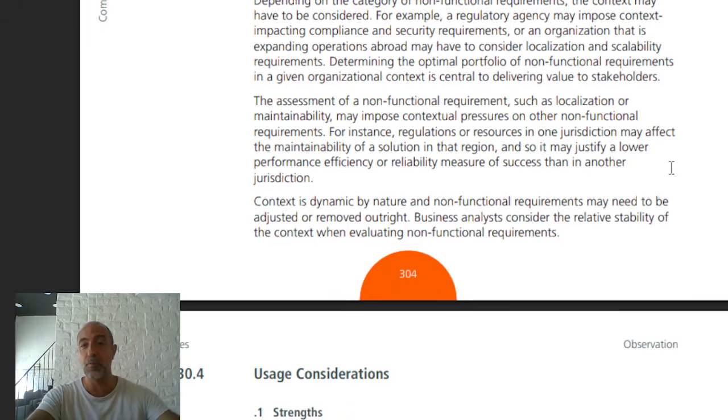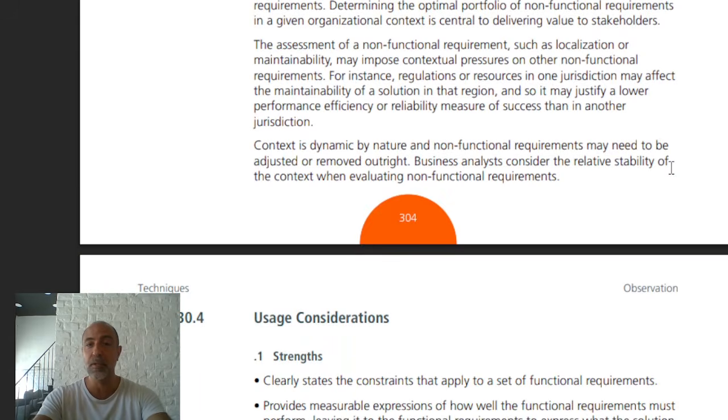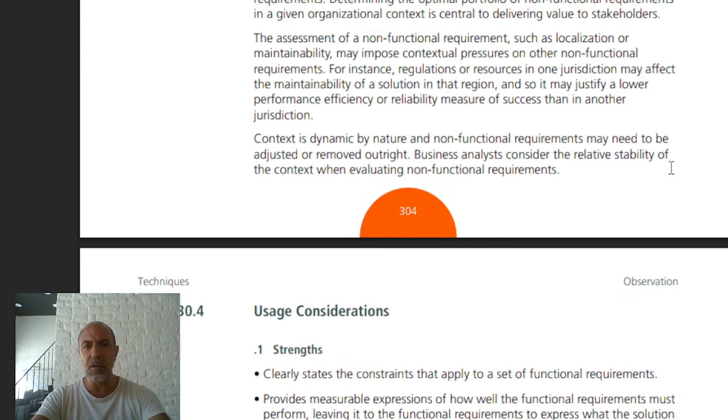Determining the optimal portfolio for non-functional requirements and their assessment in a given organization context is central to delivering value to stakeholders. The assessment of non-functional requirements such as localization or maintainability may impose contextual pressures on other functional requirements. For instance, regulations or resources in one jurisdiction may affect the maintainability of a solution in that region.